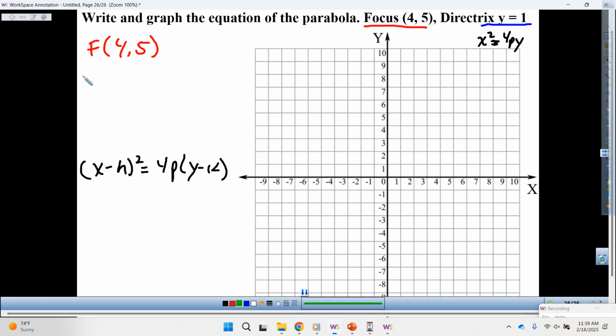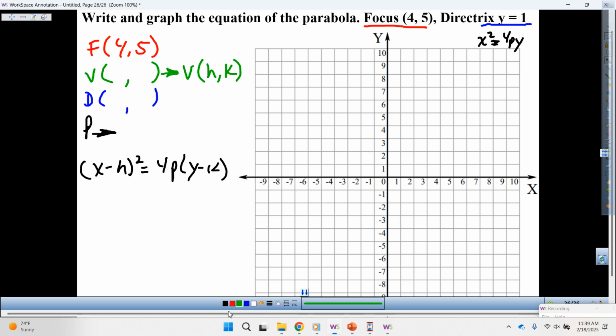Next. They give us a focus, so we write it over here. We need a vertex. We need a directrix point. And we need P. Also remind yourself next to the vertex, I want you to write V. Remember that the vertex is made up of H and K. The first number is H, the second number is K, just to remind you.